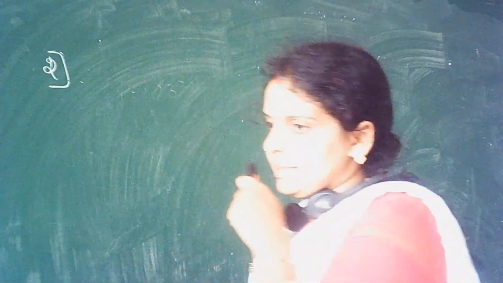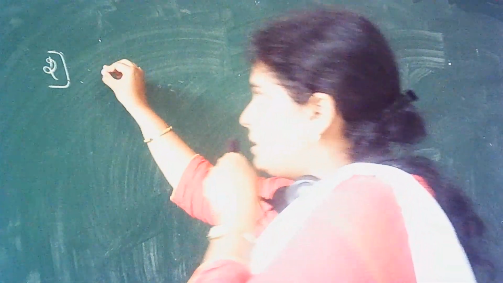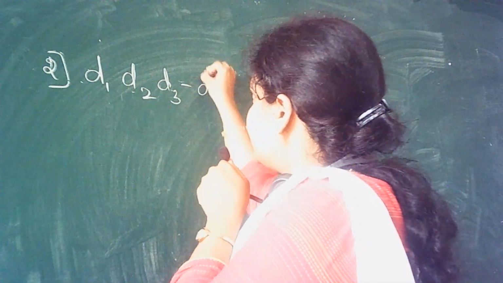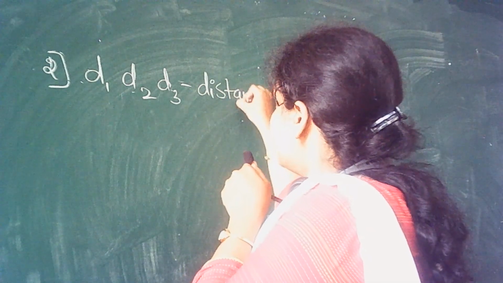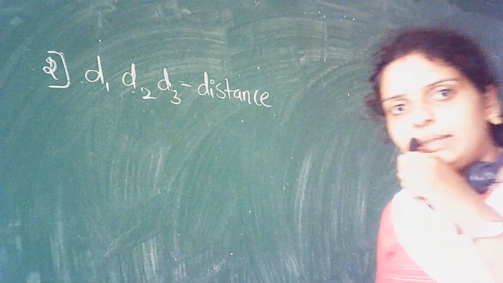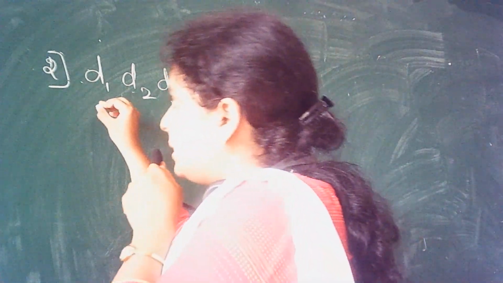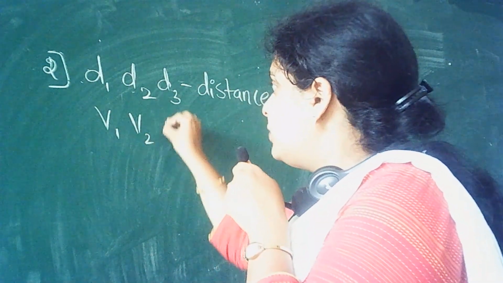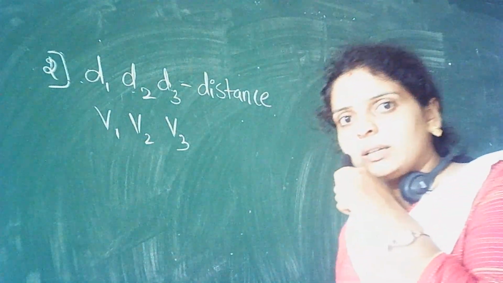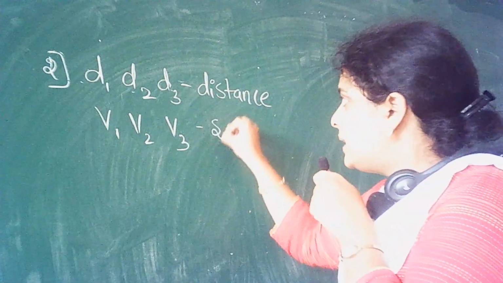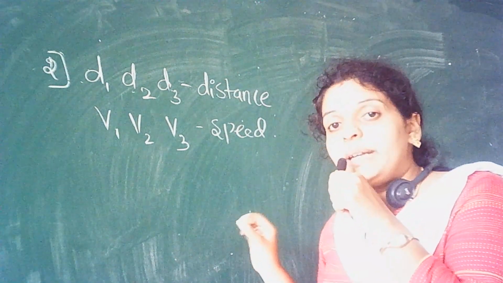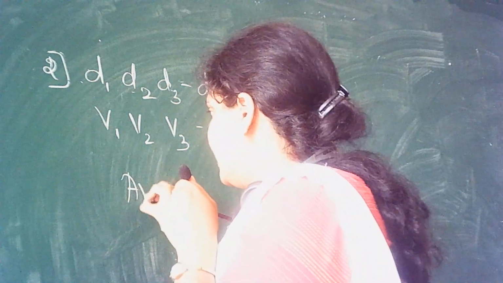Okay, so the second case. In the second case they have given the distance covered by the body as d1, d2, d3. Next they have given the speed of the body as v1, v2, v3. Calculate the average speed. How will you calculate it?